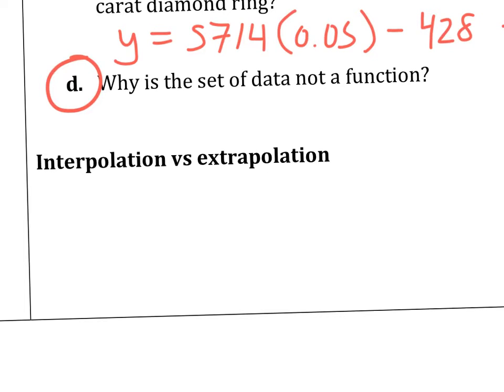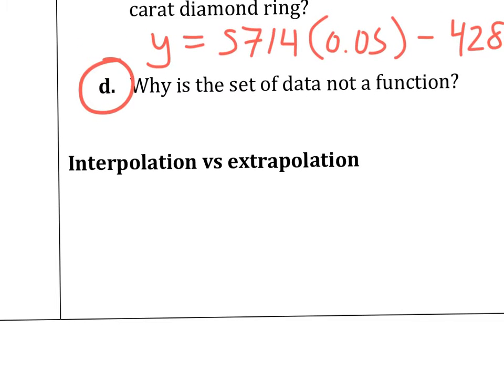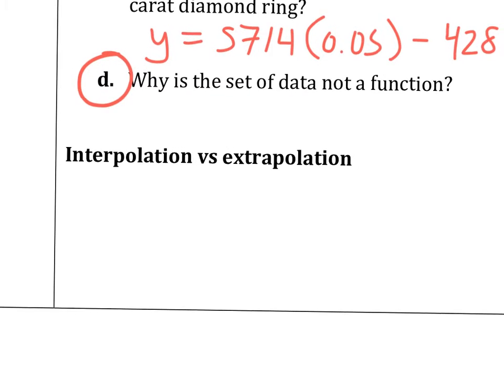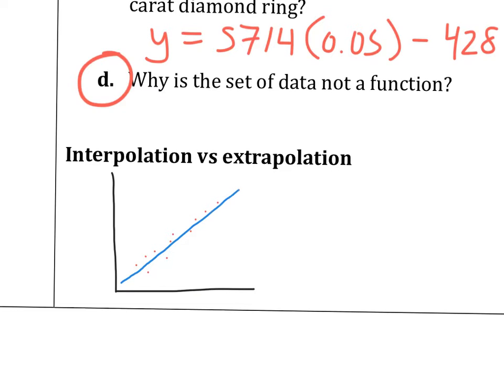Now, the last thing we want to look at is how to use the line of regression. So let's say you have a bunch of data, and you have a line of regression that goes through that. Interpolation, notice the word inter, means you have this set of data, the red points that I put on here.